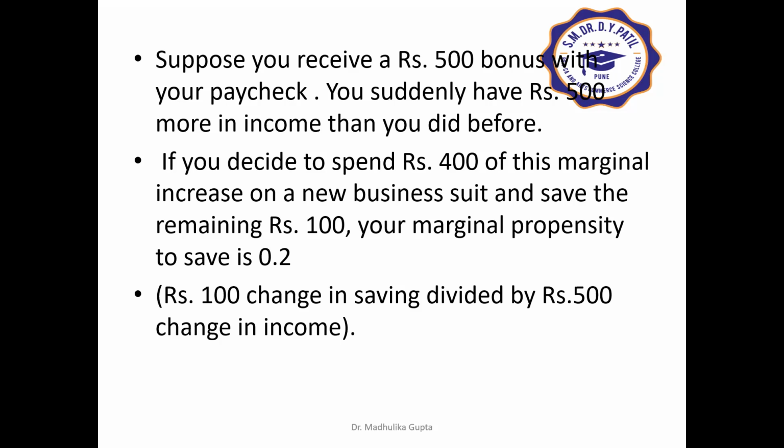This calculation is important because MPS is not constant. It varies with the level of income. Typically, the higher the income, the higher the MPS, because as wealth increases, so does the ability to satisfy needs and wants, right? And so each additional dollar is less likely to go towards additional spending. You are getting my point?